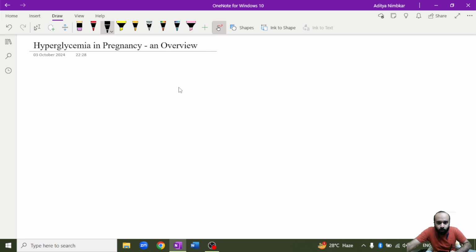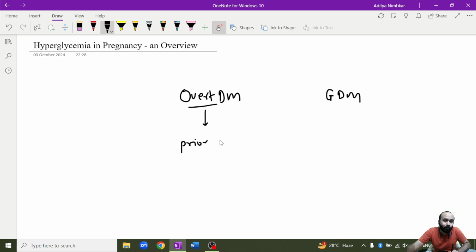So what we followed until then was two terminologies. One was overt diabetes mellitus, and the other one was gestational diabetes mellitus. Overt, as the name suggests, is something that a female has prior to pregnancy. So diabetes that is there with her from the preconceptional period.